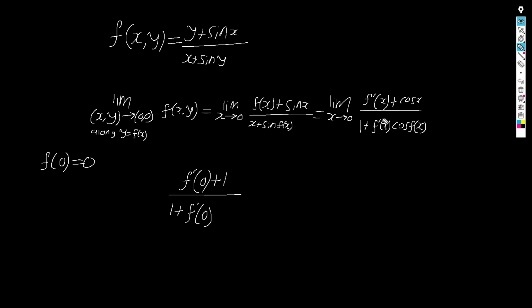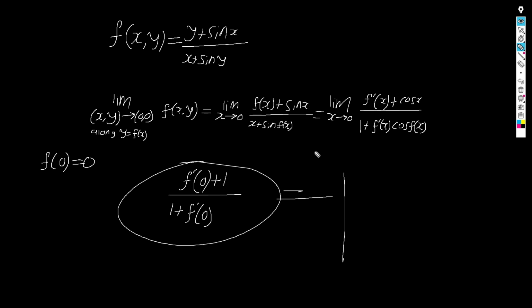So 1 plus f prime of x is what that simplifies to. And this whole thing is just 1. So the limit as (x, y) approaches (0, 0) of this function is 1. And that's along literally every path approaching the origin.